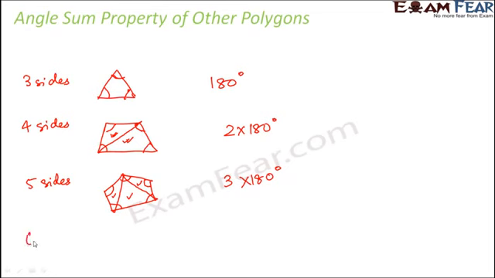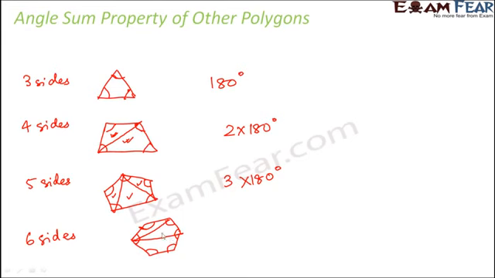Now let's go even further. Let's talk about a polygon with 6 sides. So 6 sides would be something like this. Here, if we have to find the sum of the internal angles of this hexagon, let's see into how many triangles we can divide this. With one diagonal, we have one triangle and one pentagon.